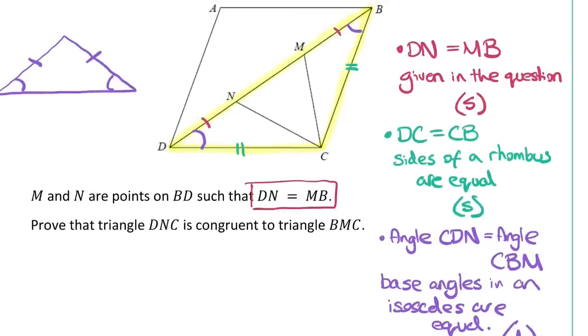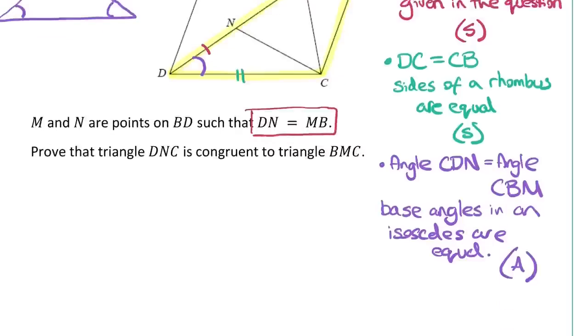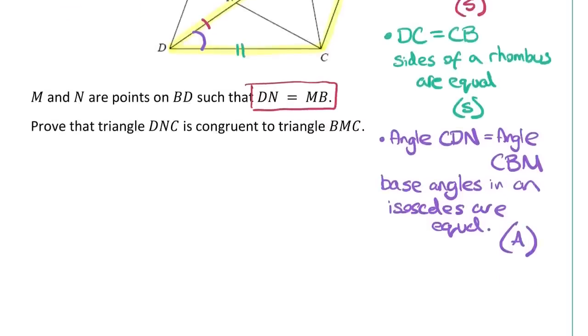So there we go. We had two sides with the angle in between them being the same. So we would say as our conclusion, therefore, you can write all this language if you want, triangle DNC is congruent to triangle BMC because we have the SAS rule.